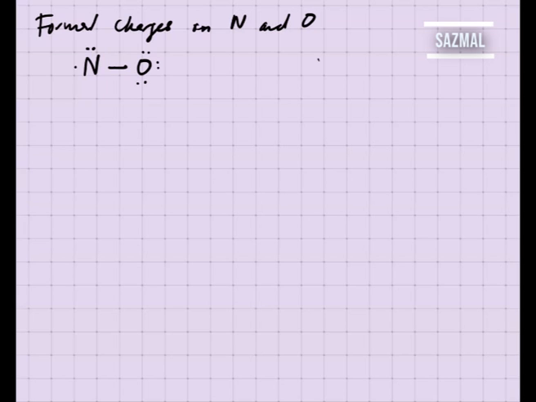Let us see the formal charges on nitrogen and oxygen for both of the structures, the one having a single bond and the other one having a double bond.